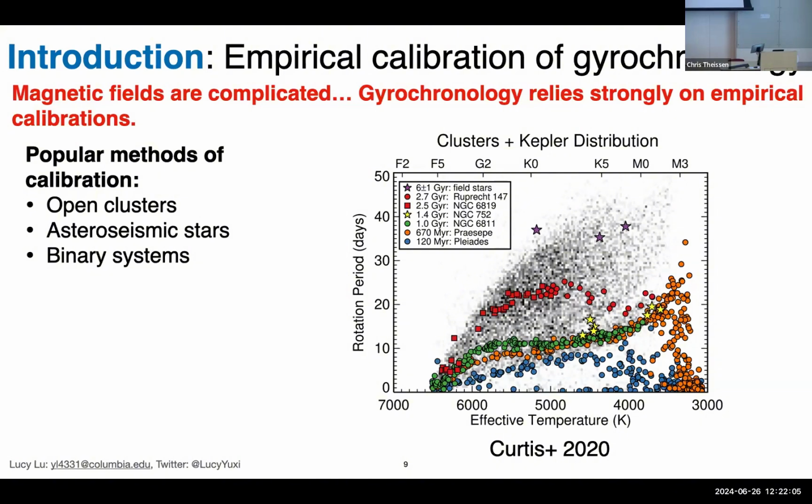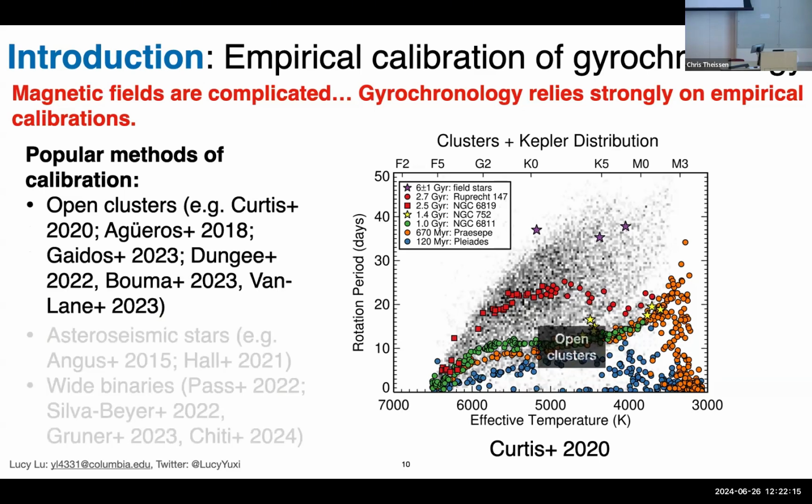There are a few different popular ways to calibrate gyrochronology. First is open clusters, shown in these confined sequences here. However, we don't have a lot of rotation measurements outside of the solar neighborhood, so it's very hard to get rotation measurements for open clusters older than 4 gigayears. So they can only be used to calibrate gyrochronology for younger stars.